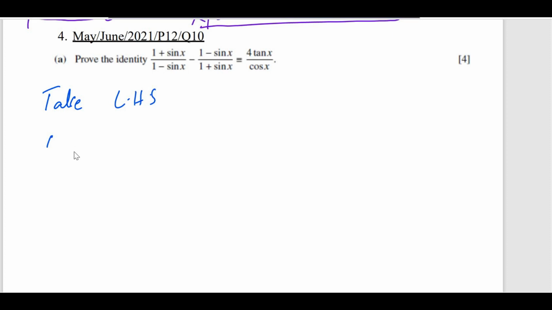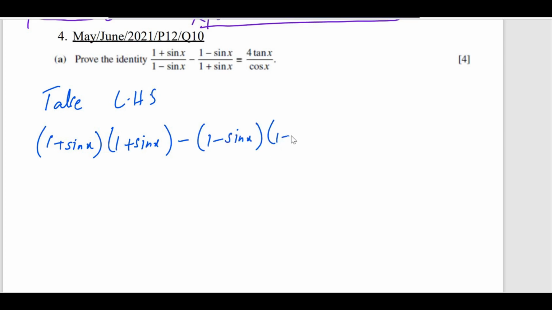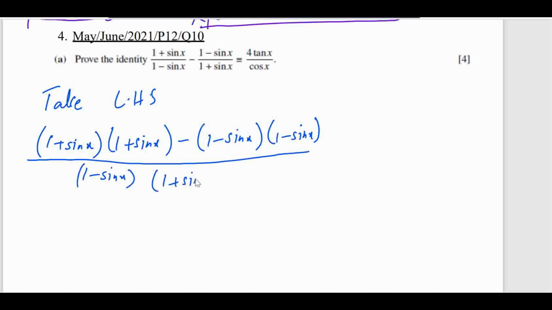So this will be 1 plus sine of x into 1 plus sine of x, minus 1 minus sine of x into 1 minus sine of x, whole divided by 1 minus sine of x into 1 plus sine of x. We know that x into x means x square.